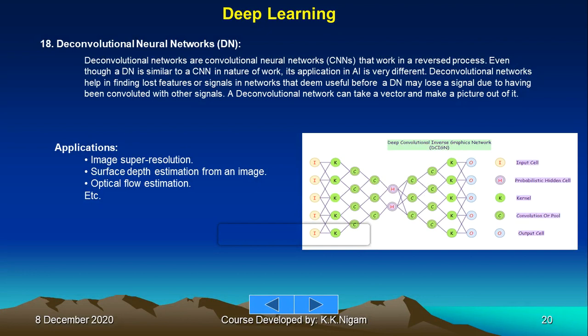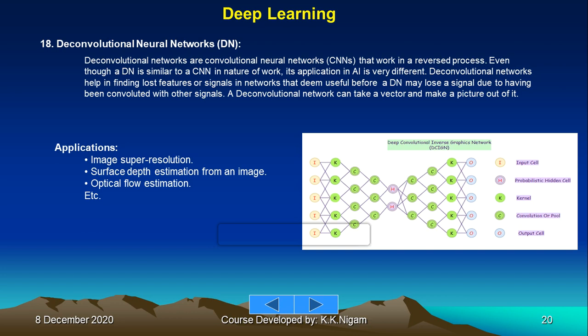Deconvolutional neural networks are convolutional neural networks that work in a reversed process. Even though a DN is similar to a CNN in nature of work, its application in AI is very different. Deconvolution networks help in finding lost features or signals in networks that are deemed useful.